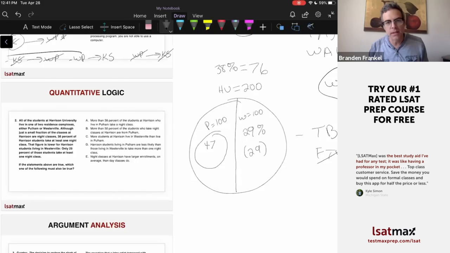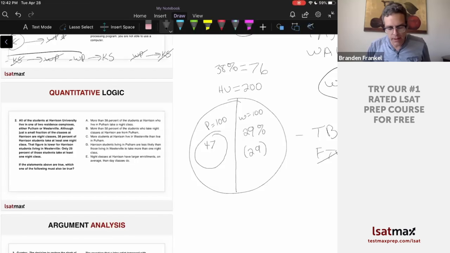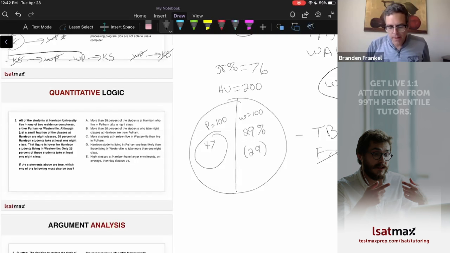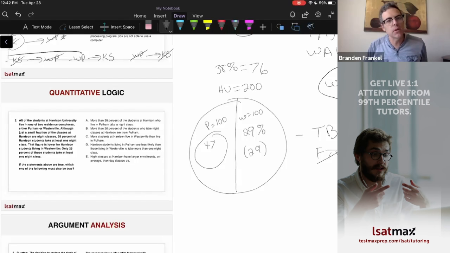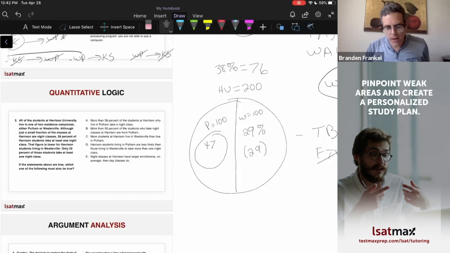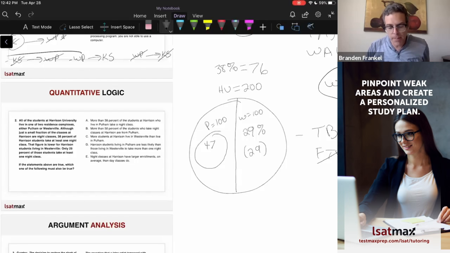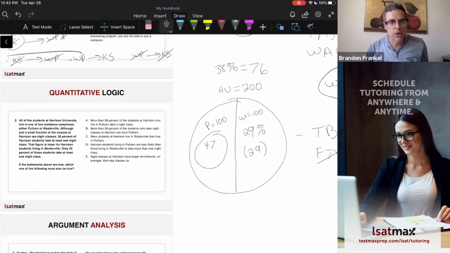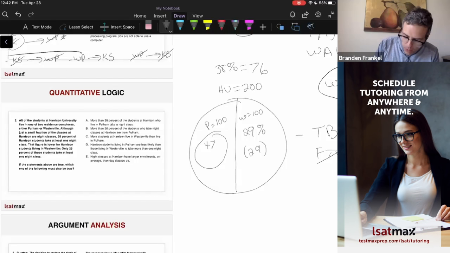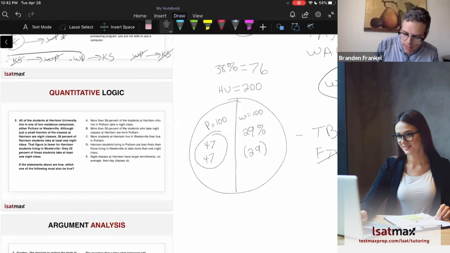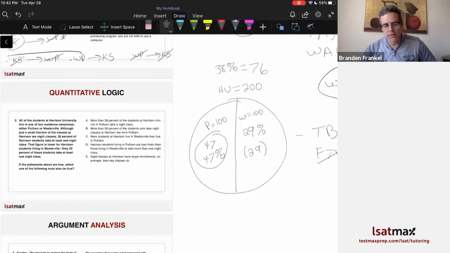This is the information that they didn't give us, but it must be true, because we know overall there are 76 students taking these night classes. 29 of them were taking them at Westerville, which means since everybody is in one of these two houses, all of the other ones are in Pullum. So 47 Pullum students are taking these night classes, or in other words, 47% of these students are taking night classes.